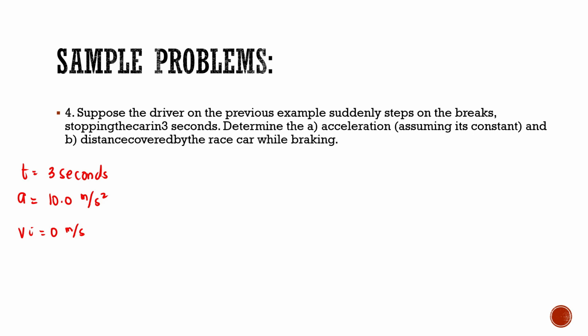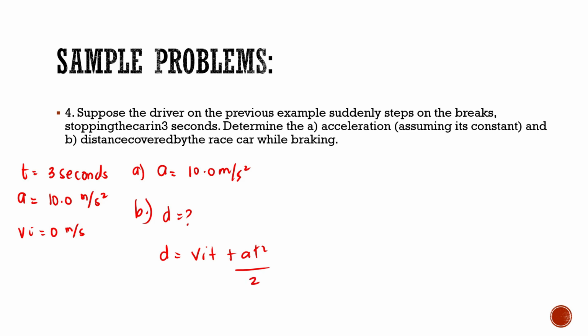So we can solve for letter A. It is automatically given: our acceleration here is 10.0 meters per second squared. That is our answer for letter A. Letter B, let's solve for the distance. You can use the formula D is equal to VIT plus AT squared over 2.